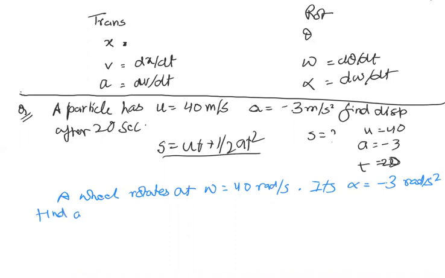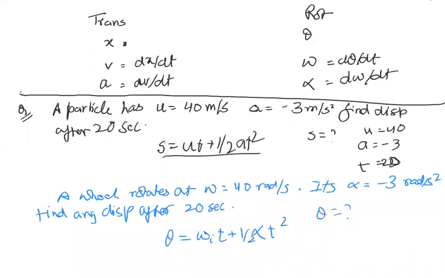Find angular displacement after 20 seconds. So here theta will be initial omega into t plus half alpha t square. And exactly the same thing, omega initial will be 40 and alpha will be minus 3 and t will be 20.